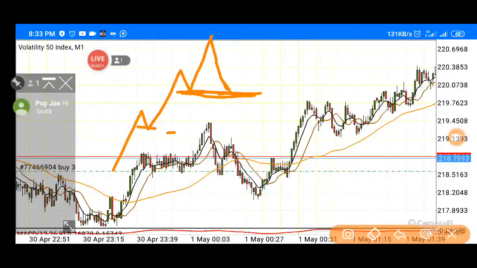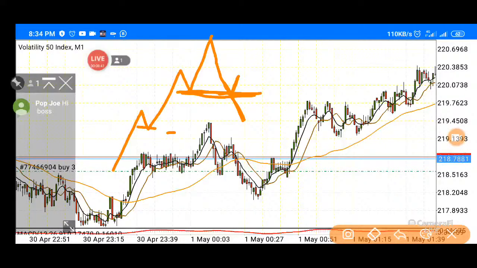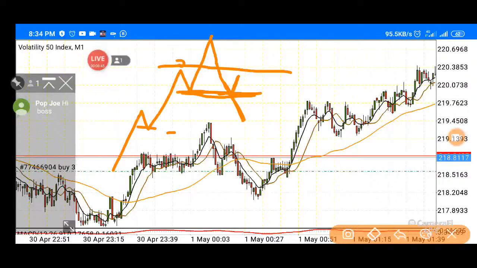So two things are likely to occur here: either breakout or bounce. If there is a breakout here, that's not head and shoulders. That means the market is not forming head and shoulders. But if there is a bounce here like this, that means a head and shoulders is likely to form. You can see there is a resistance here.